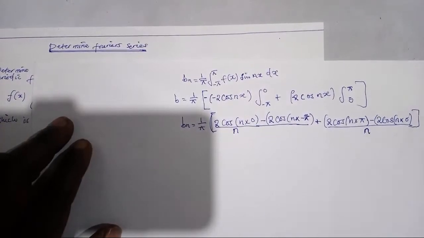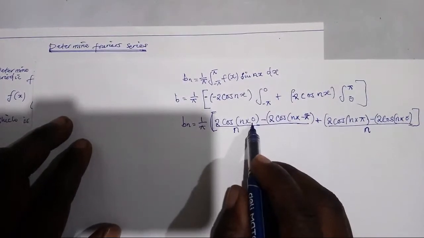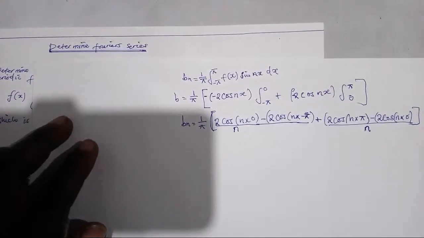So now let's tabulate this one. n times 0 is 0, and cos 0 is 1.